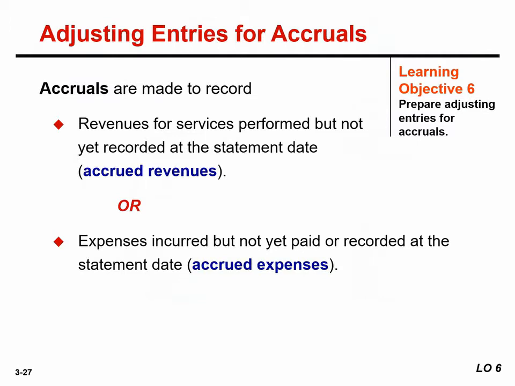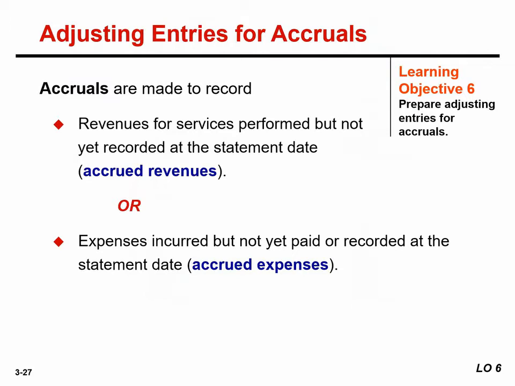Accrued revenues simply happens when the company performs services to the customer, but these services are not recorded yet in the journal. And same thing with the expenses.